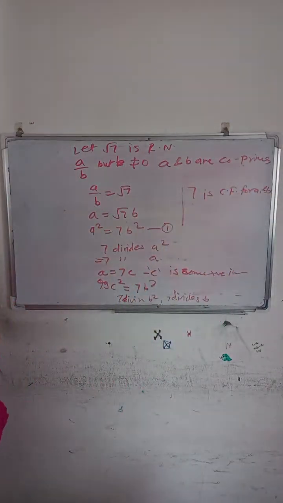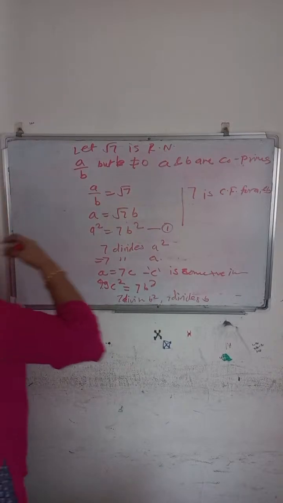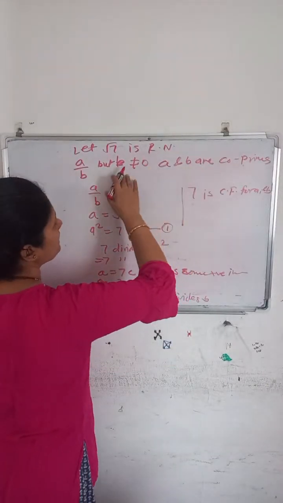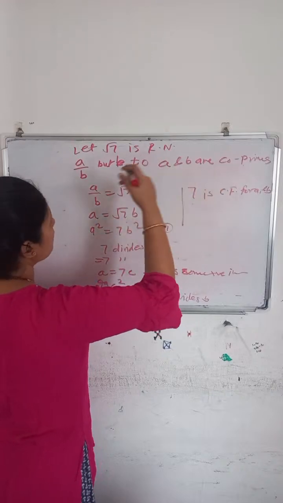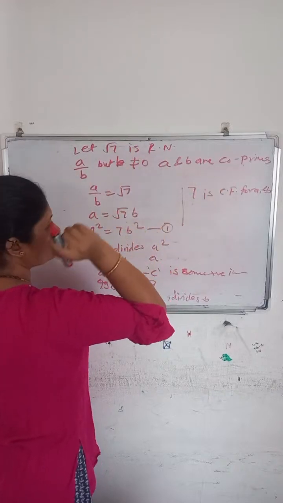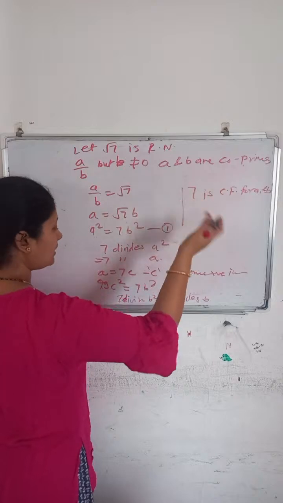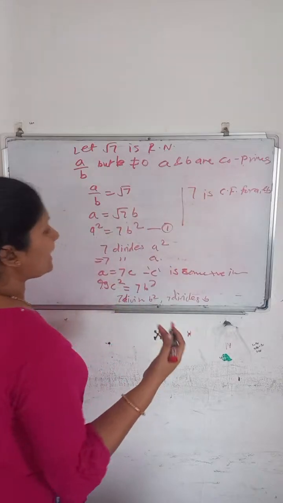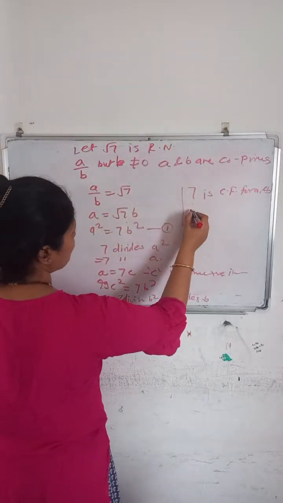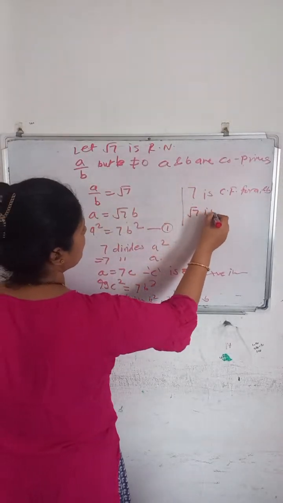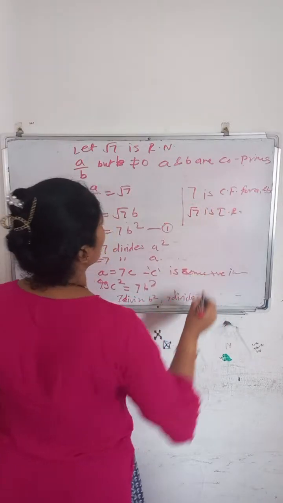If this is a common factor, that contradicts the assumption about the rational number. Whatever we assumed, a and b are co-primes and root 7 is a rational number, and here 7 divides b square as well as b. So this is a contradictory statement. So we can say that root 7 is an irrational number.